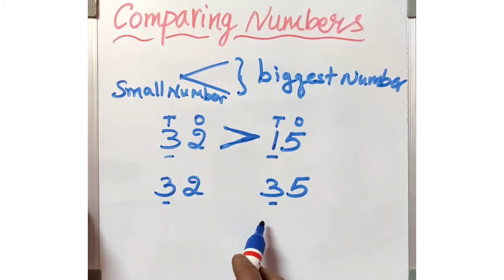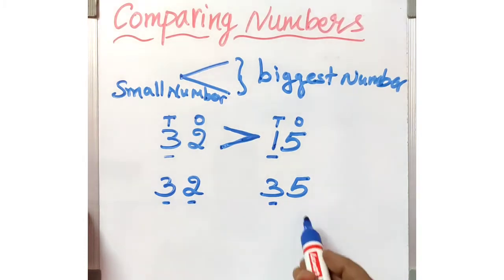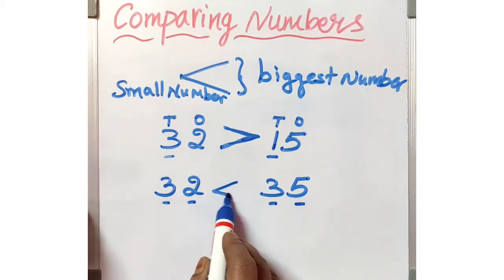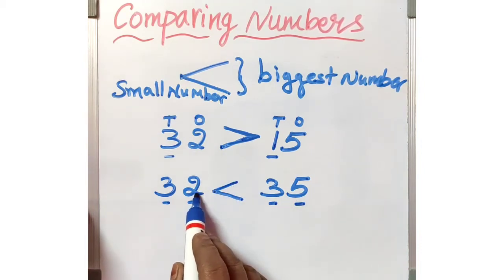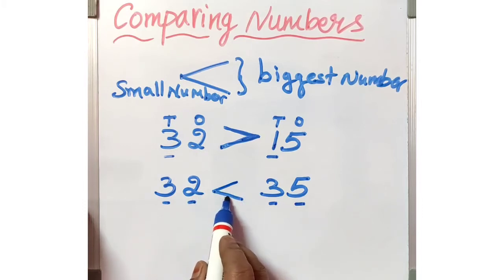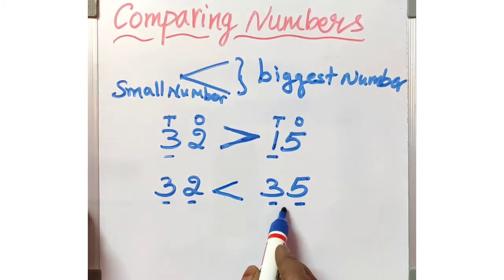Then what we have to do? We have to go for the ones place. In ones place we have 2 here and here 5. So which digit is small now? Is it 2 or 5? It is 2. So this pointed side should point to the small number. 32 is less than 35. This symbol is called less than. In this way you have to compare, children.